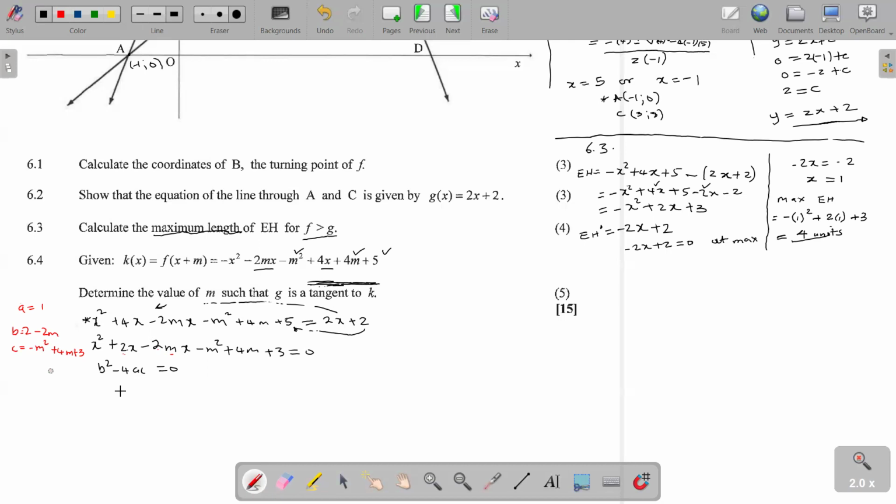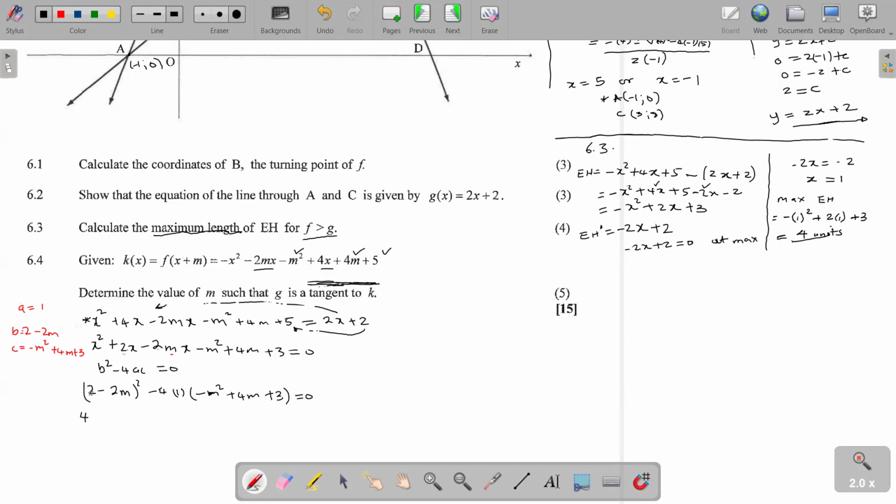So let's substitute here. Our b is 2 minus 2m. So b squared minus 4, the a is 1. Then the c is going to give minus m squared plus 4m plus 3, then equal to 0. If we are to solve the question expanding this, we are going to get 4.